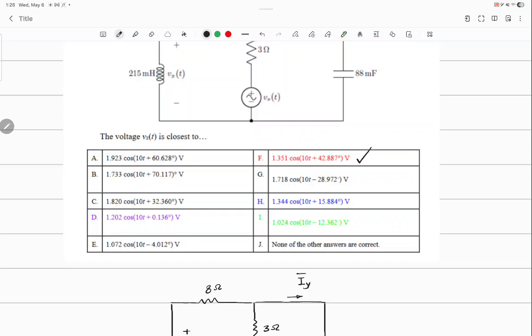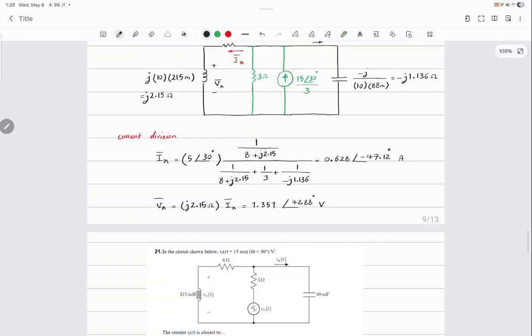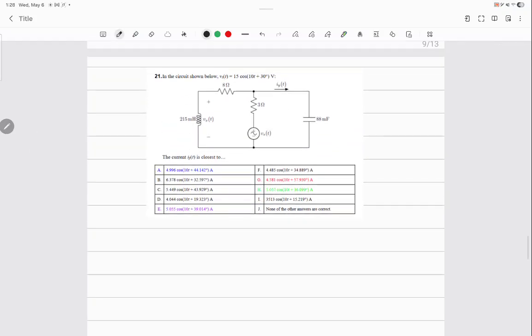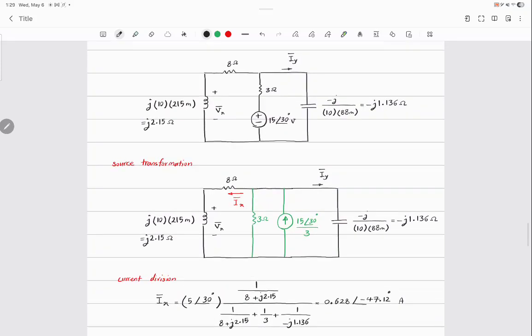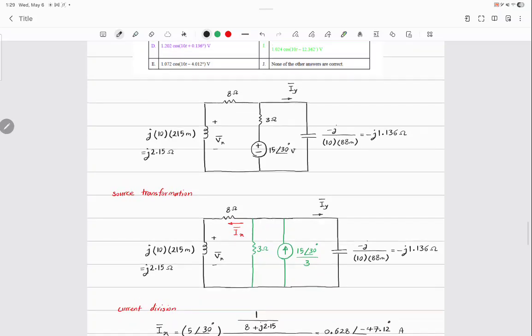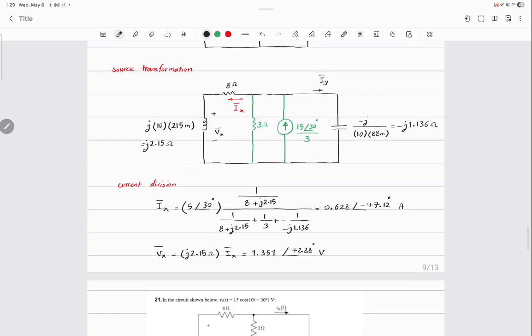Okay. How do you find Iy for the next question? You can do another current division, find the current Iy, right?